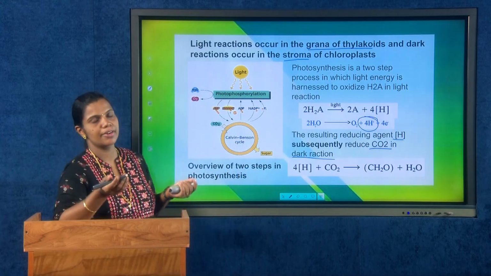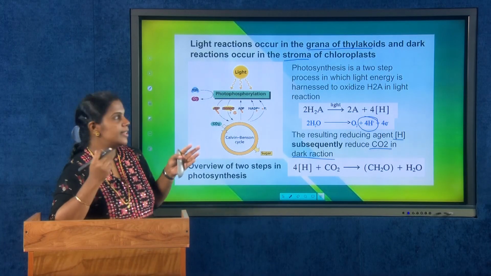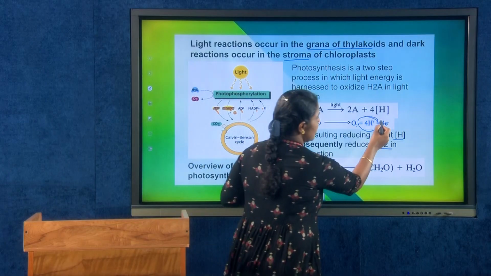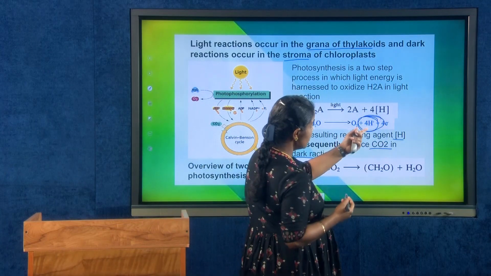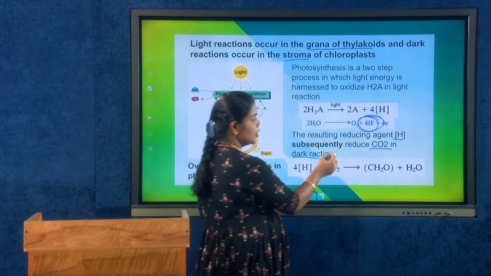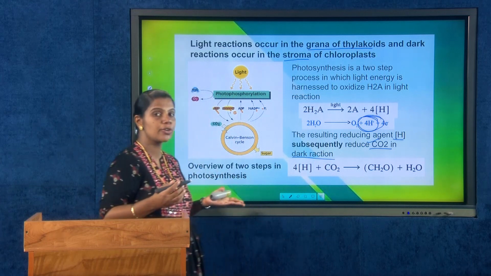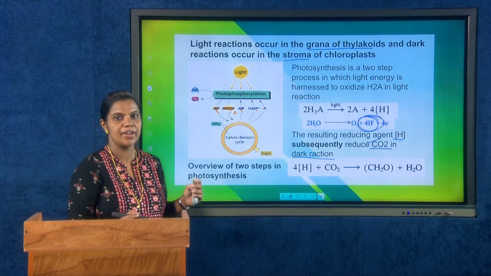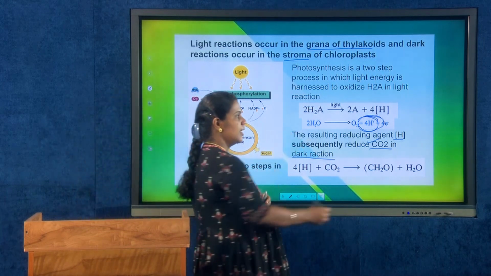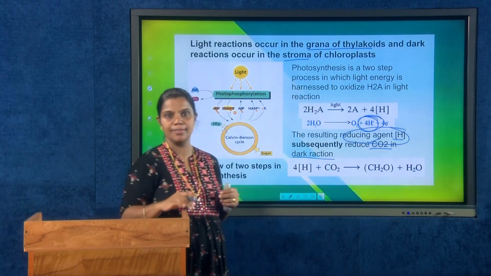The other reaction that is happening in light reaction is that the obtained reducing agent, that is the proton, will be utilized to reduce carbon dioxide. So, what is the reduction product of carbon dioxide? That is carbohydrate. So, the reducing agent is generated in the light reaction.